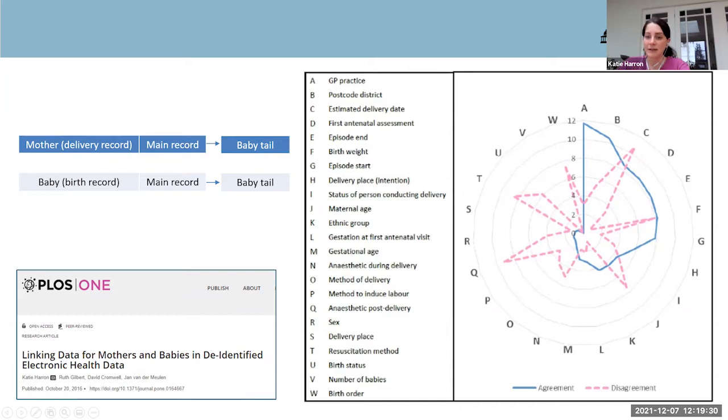And you can see that something like sex isn't very discriminative when it agrees, with low weights here, but then something like estimated delivery date, here, disagreement on that would contribute a large penalty to the overall match rate. So it cleverly takes into account how discriminative a particular variable is, but also how likely it is that that variable has been recorded incorrectly or not.